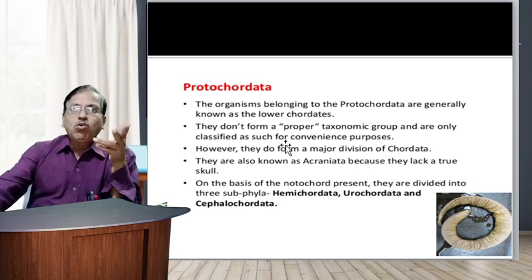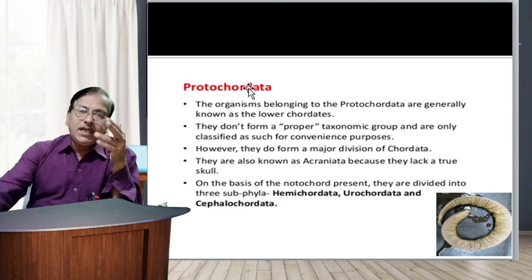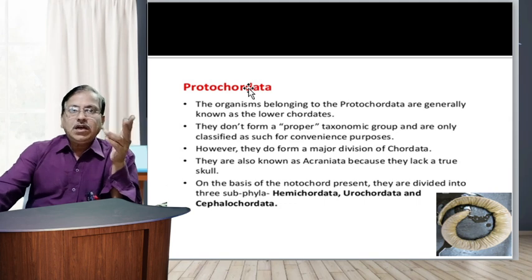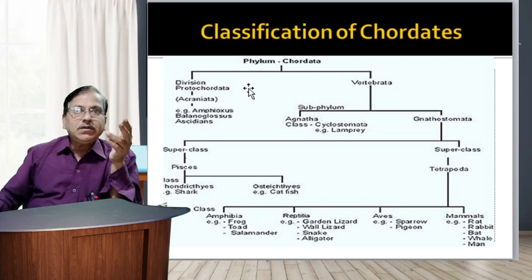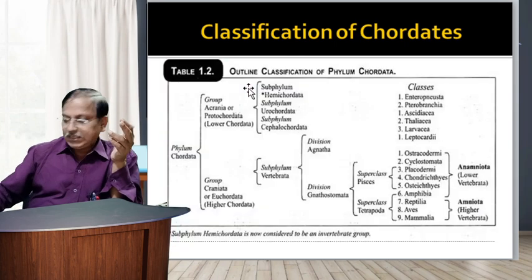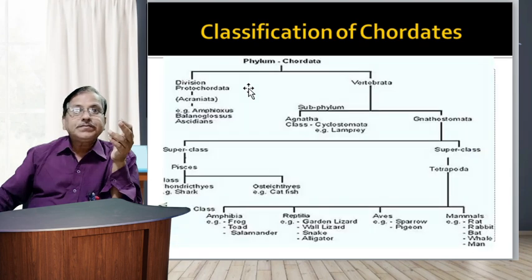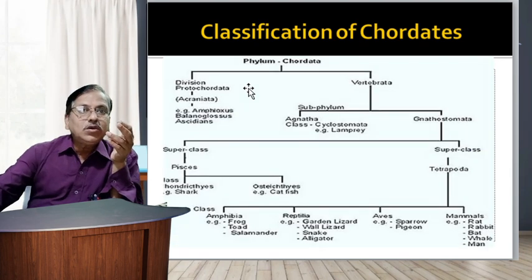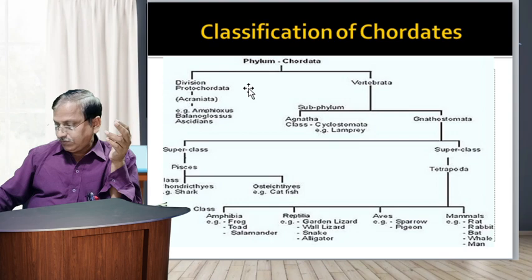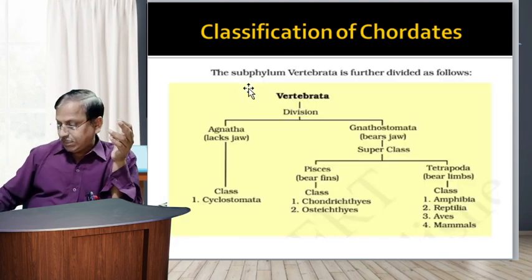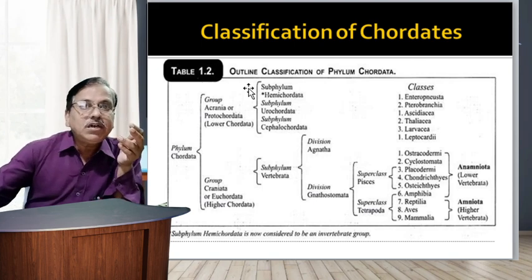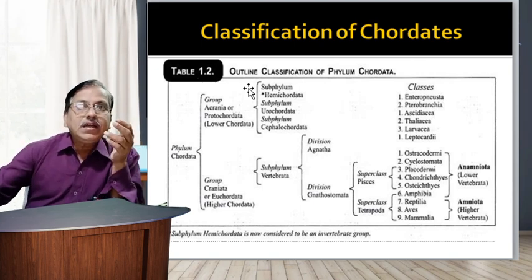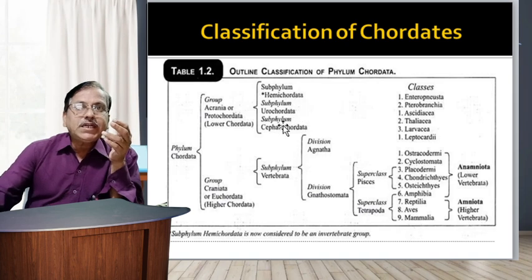We go next to the Protochordata, a specific group in the phylum. We already discussed the division in the charts, in the schematic representation of the classification, that it includes the phylum Chordata, the subphylum Hemichordata, subphylum Urochordata, subphylum Cephalochordata.